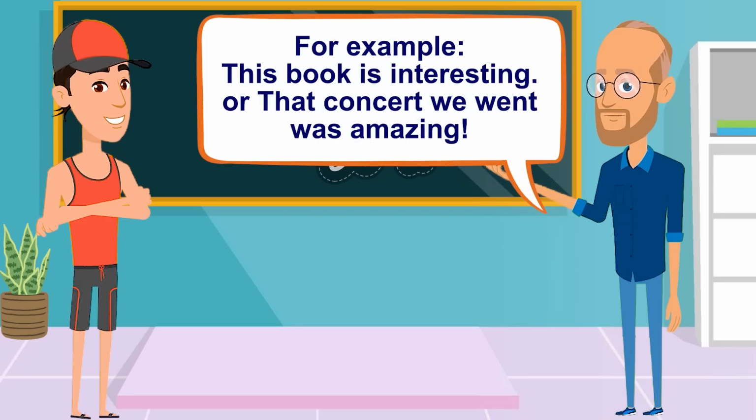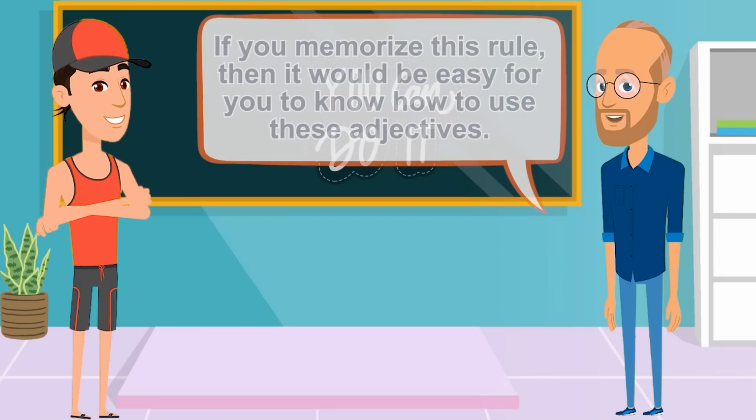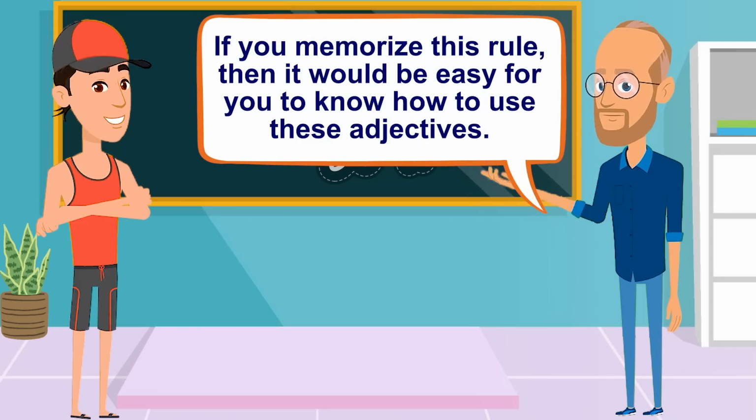For example, "This book is interesting," or "That concert we went to was amazing." If you memorize this rule, then it will be easy for you to know how to use these adjectives.